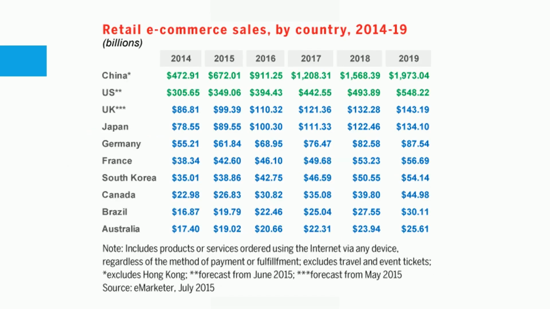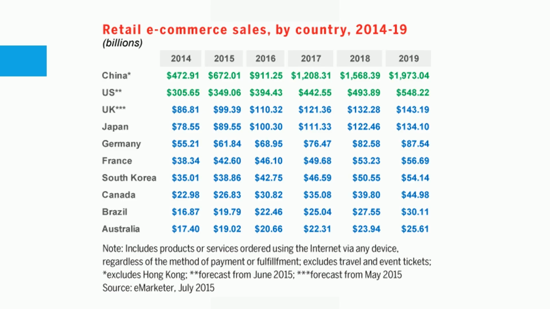The next image is a table of retail e-commerce sales by country in 2014 until 2019. It shows the e-commerce sales in billions of US dollars for China, US, UK, Japan, Germany, and many more.